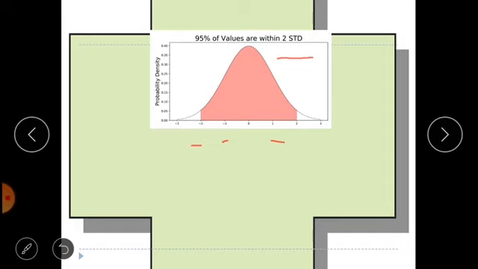Kaya kung kanina, the 68% lies between the negative 1 and then positive 1 sa mean, no, and then sa ating 95% lies between the negative 2 and then sa ating positive 2. So, the 95% of the values fall within 2 standard deviation from the mean.